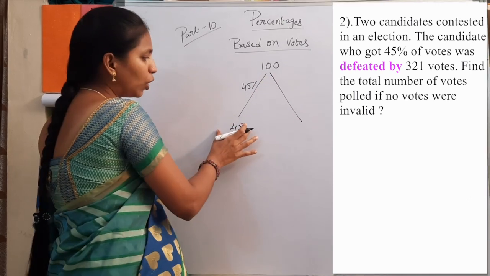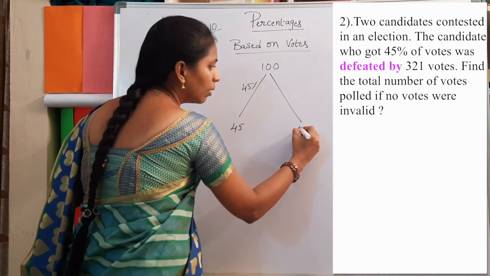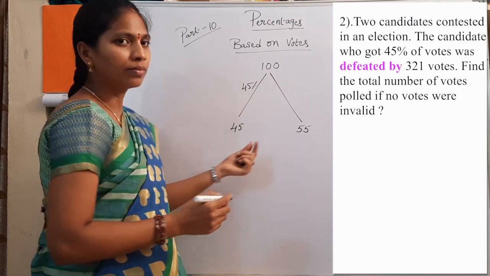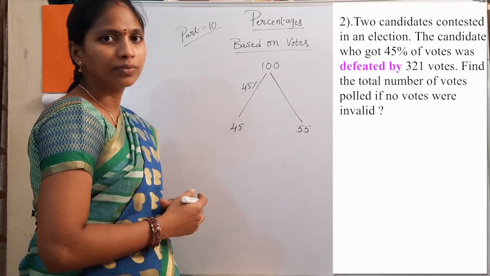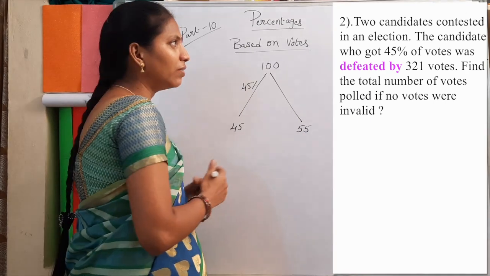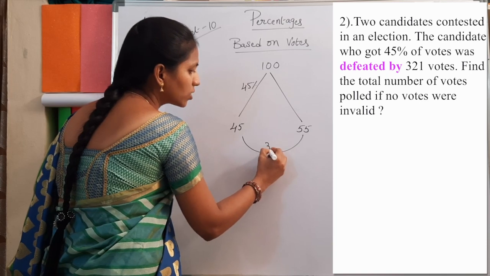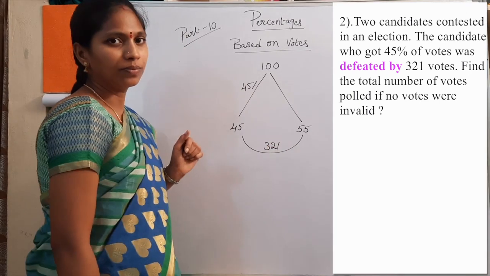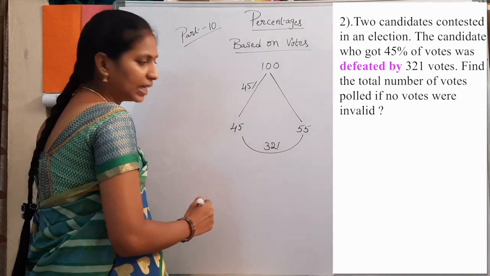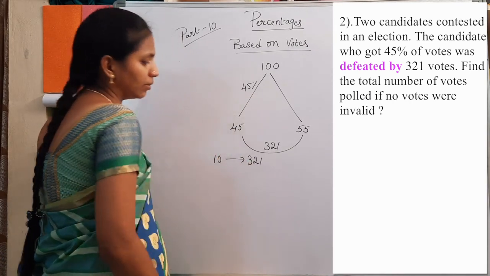The remaining is 100 minus 45, that is 55. Total 100. Here defeated by how many votes? 321 votes, which means the difference between these two is 321. What is the difference? 10. So the corresponding value of 10 is 321.